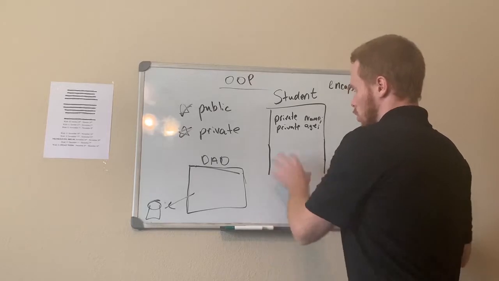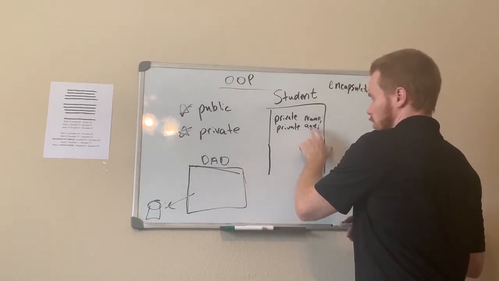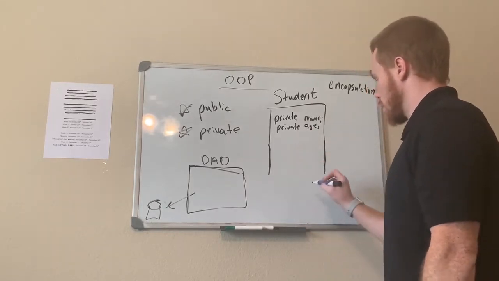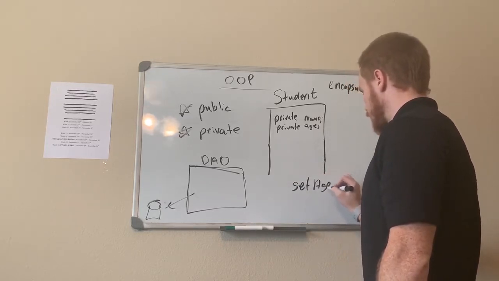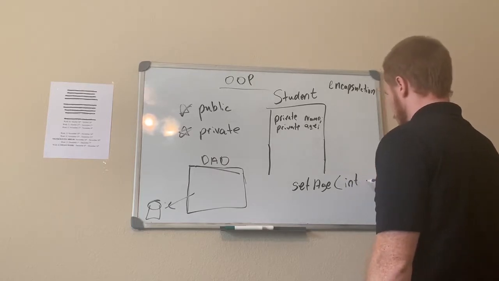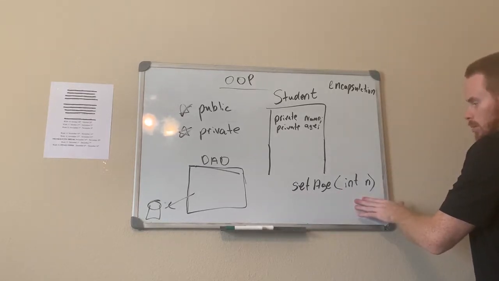Your setters can restrict what other developers or people are changing this age to. You can have restrictions. So if I had a setter method, I would call it setAge. I would pass in an int. So this is my setter method that I would code up.